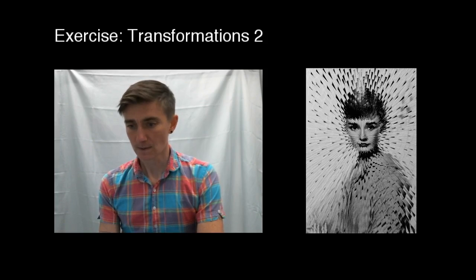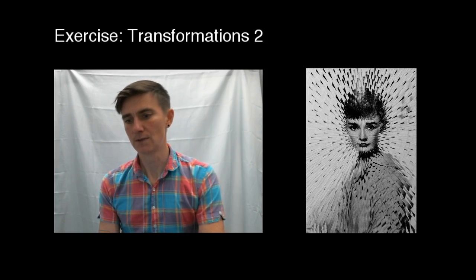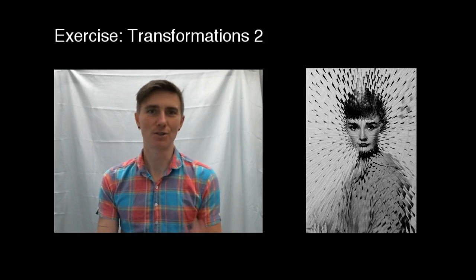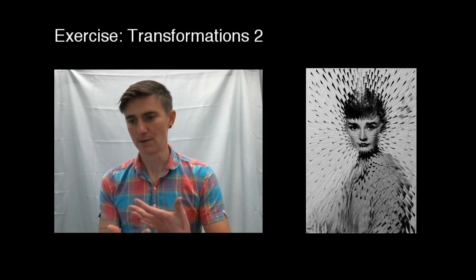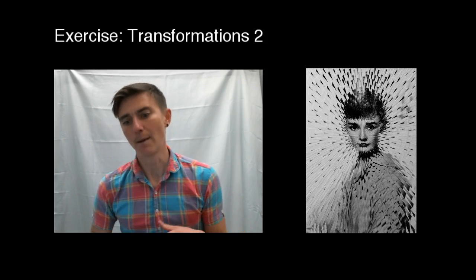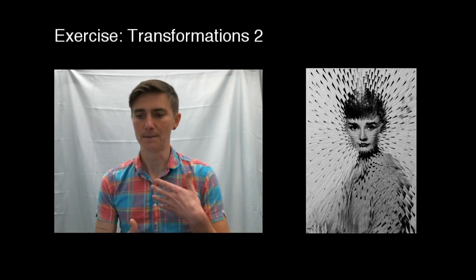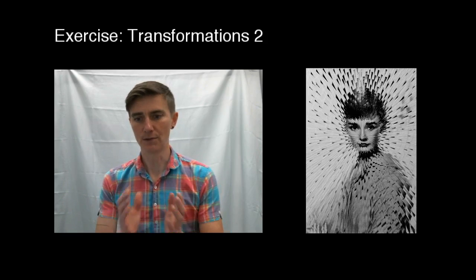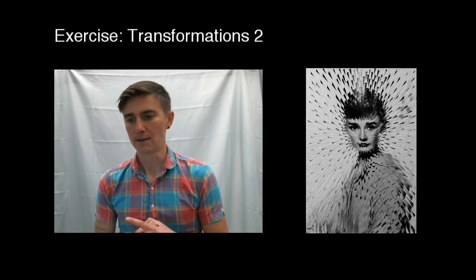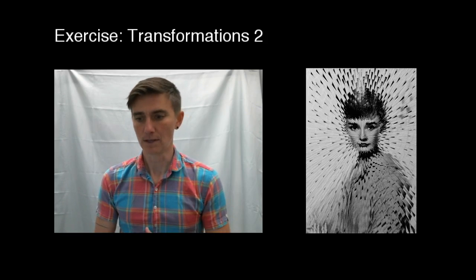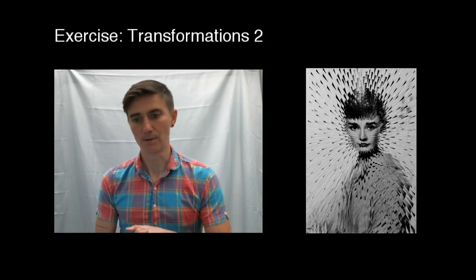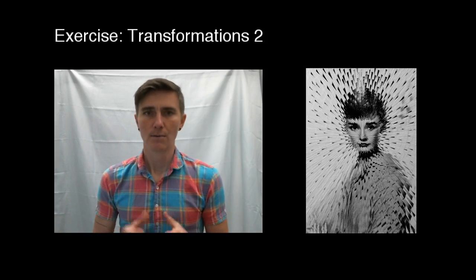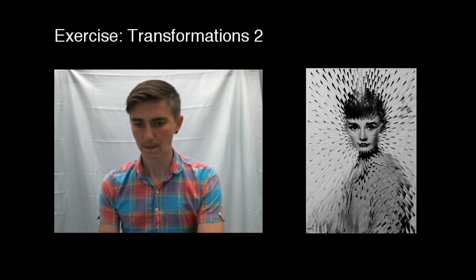This is something that she could have done using analog methods. She could have just had two different images, and I believe this is Audrey Hepburn, two different photographs that she was cutting out of and then layering on top of multiple different times. And it's also something that you can do within a digital environment, and that's what we're going to be trying to approximate with this particular exercise.